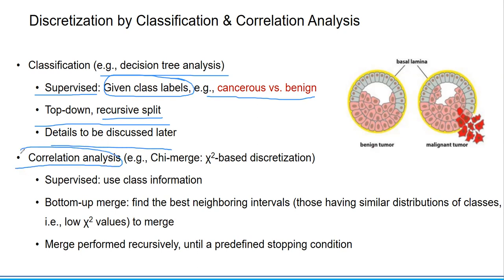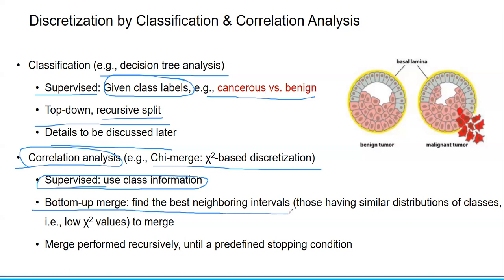We can also use correlation analysis. In correlation analysis, we will use chi-square or ChiMerge, the chi-square based discretization. We need to have the class information. So this kind of correlation analysis is supervised and it is a bottom-up merge.